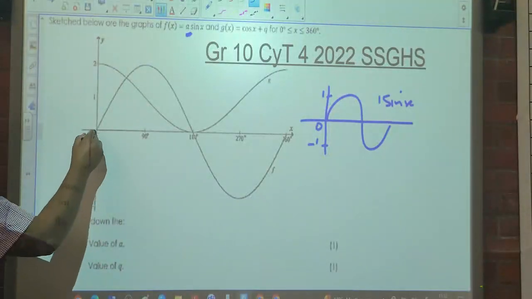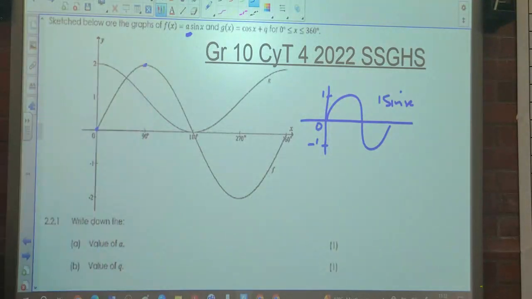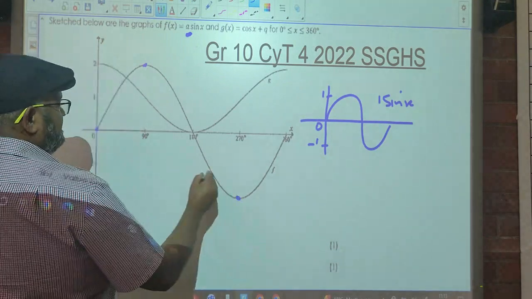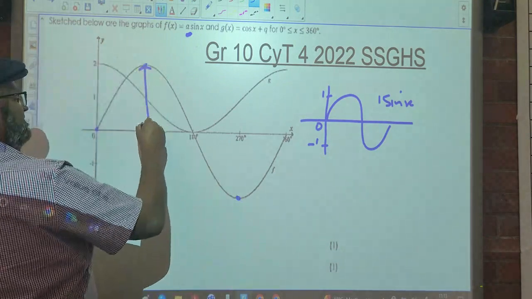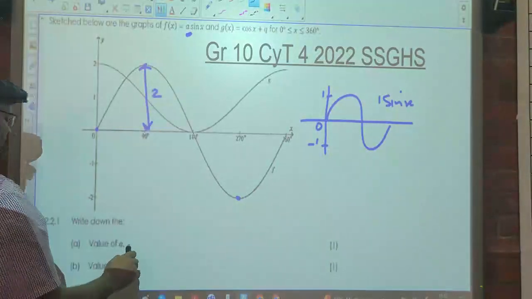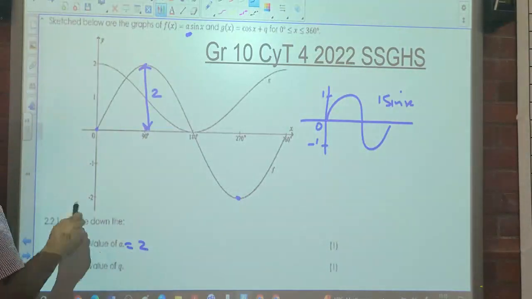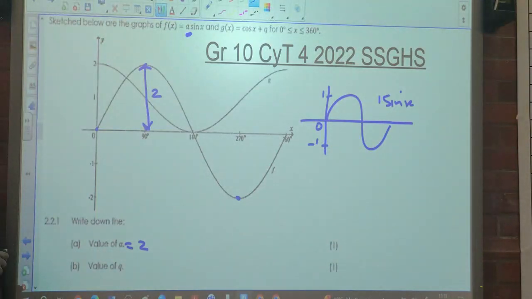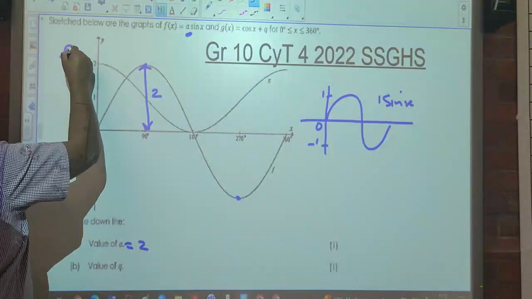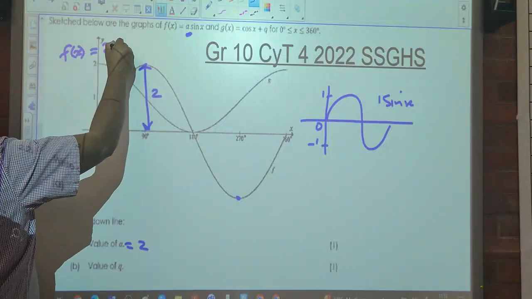But because the graph is starting at 0, but the maximum value is now 2, and the minimum value is negative 2. So what is the distance from the neutral to the maximum? It's 2 units. So the amplitude of this is 2, and your a value is of course 2. Okay. So the graph is actually f of x is equal to 2 sine x.